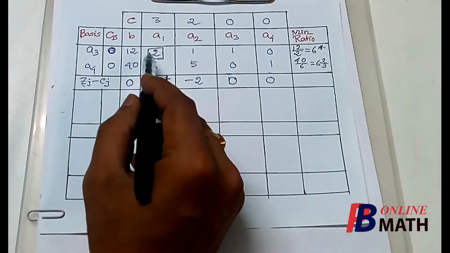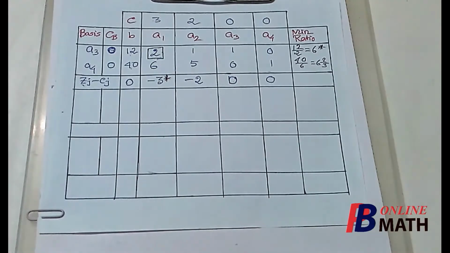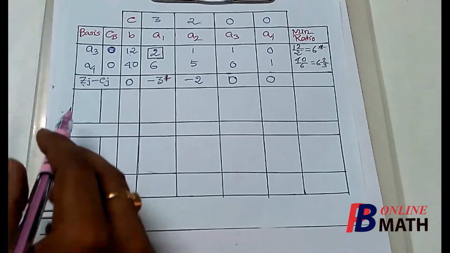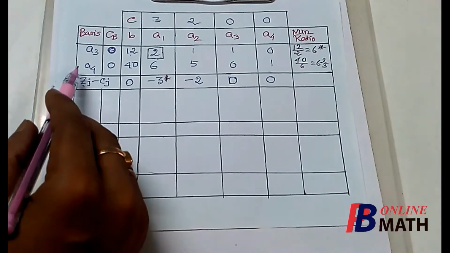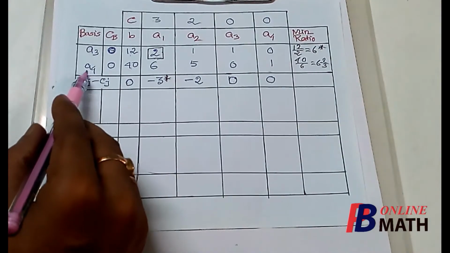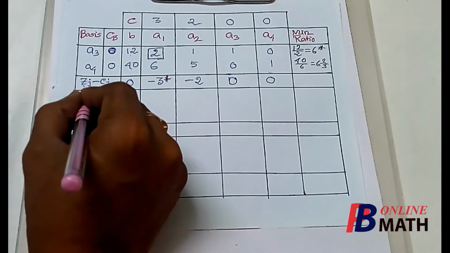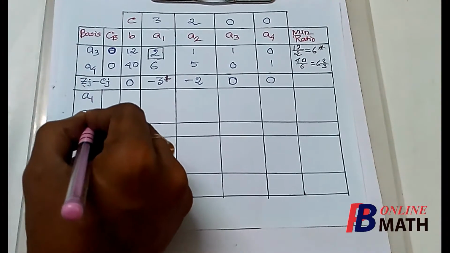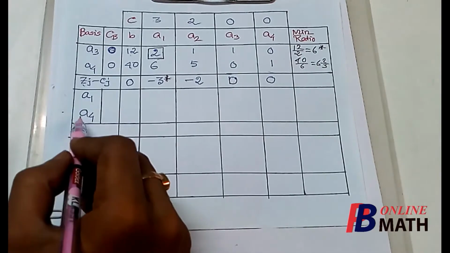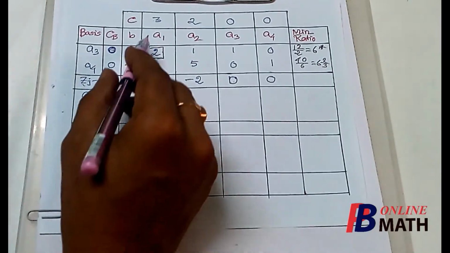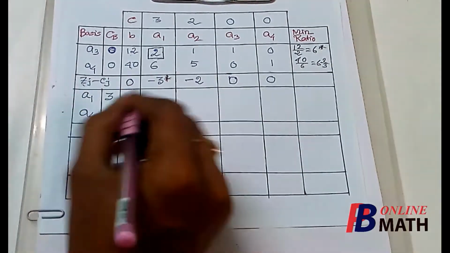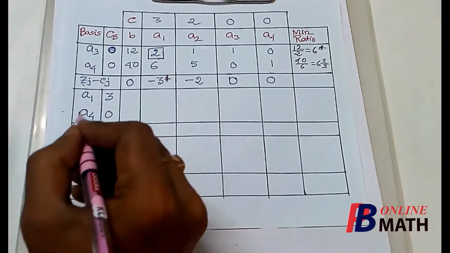This element will be called the key element. So in the next step, the basic vectors will be a1 and a4 because a3 will be replaced by a1. So the new basic vectors are a1 and a4. Now we write the corresponding cost vectors. For a1 the value is 3 and for a4 the value is 0.